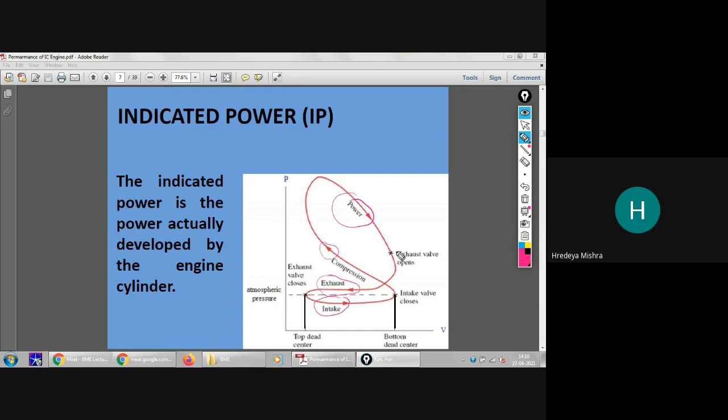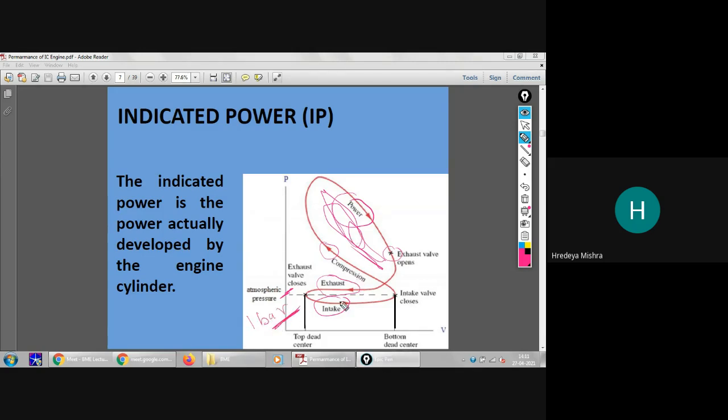Now the valve is open, so this much area is your indicated power. And this is your atmospheric pressure. The value of atmospheric pressure is 1 bar.